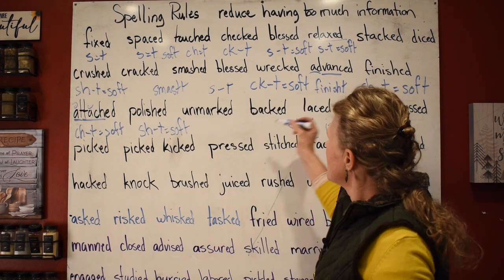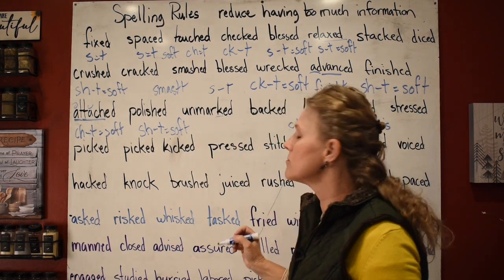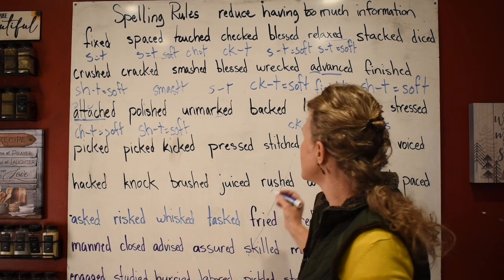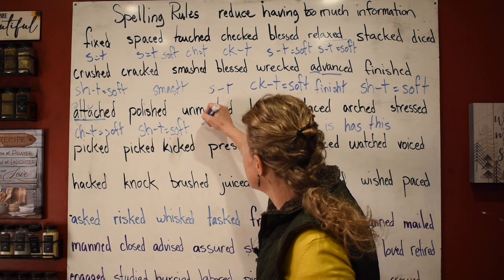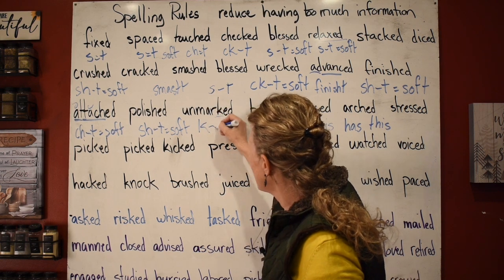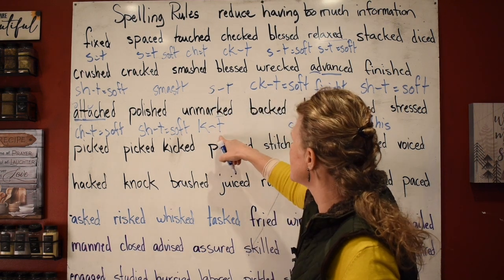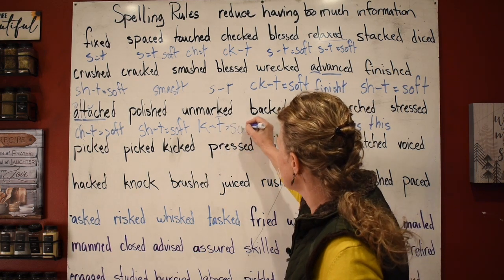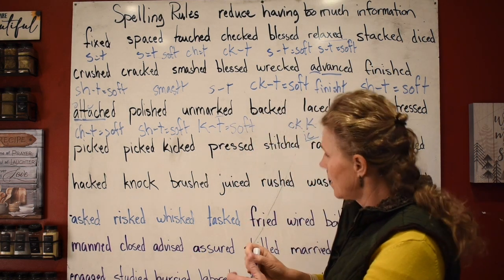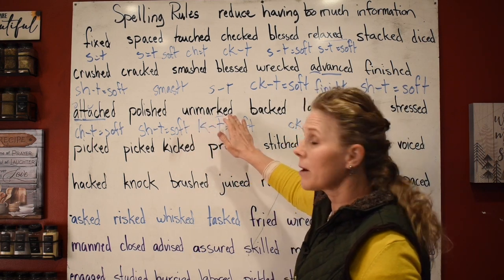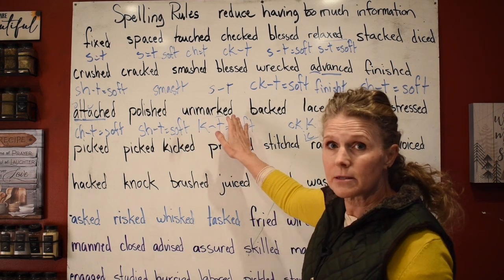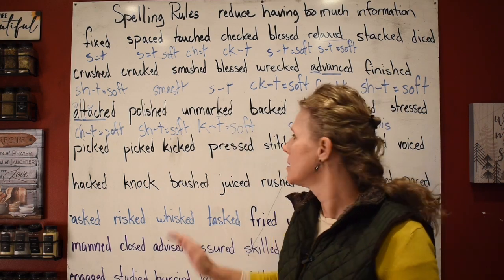But still, if you look, this has a K sound. It's soft. So we're saying this is the K that goes to a T, which equals a soft sound. So this is going to say unmarked. That's what you're going to hear.